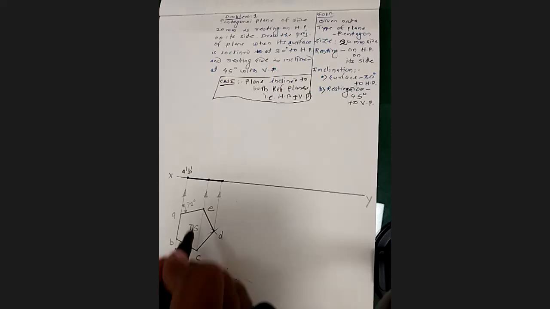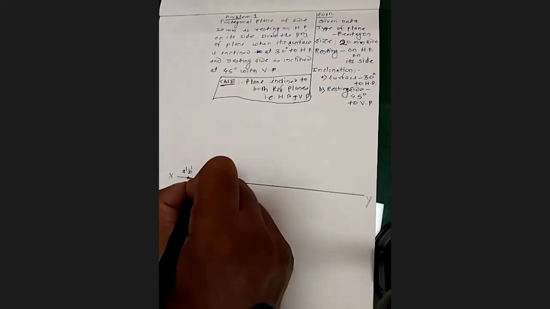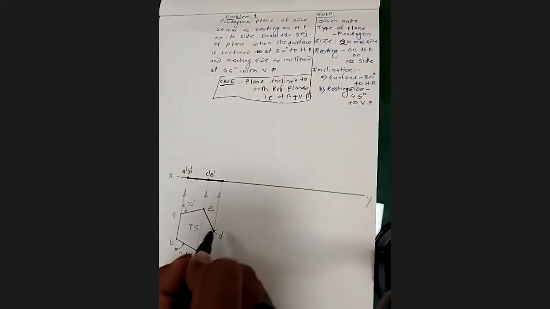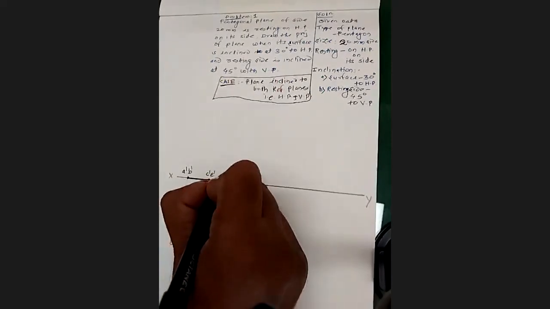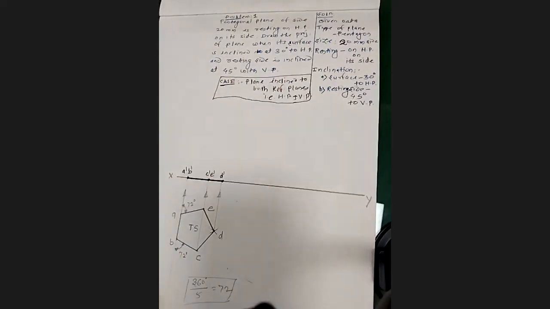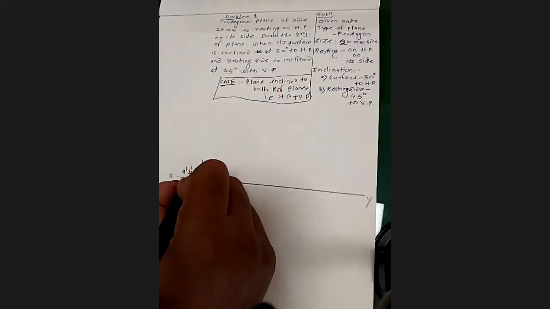We always denote the front view with a dash and the top view with a simple small letter. Then C and E are going to be C dash and E dash. Then this point, by taking the projection we got here, we say it's D dash. This is the front view, and the top view is the true shape.